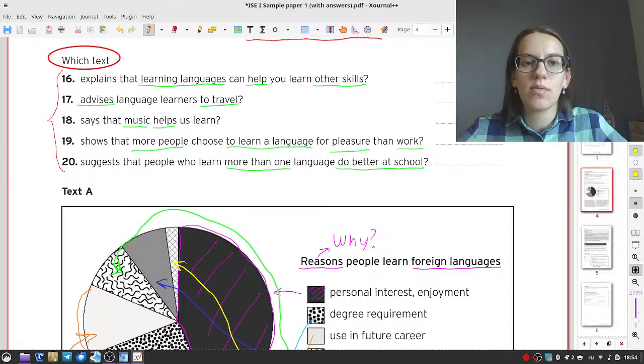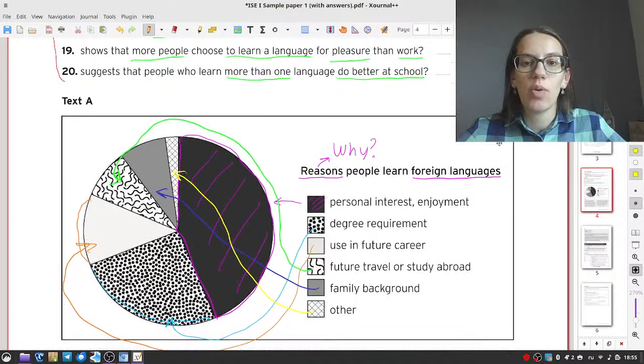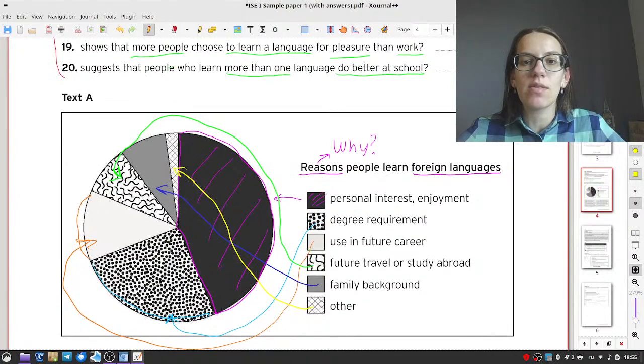Well, we found the keywords. Learning languages, yes, of course. But other skills, is there anything about some other skills? No, it's only about reasons to learn foreign languages.